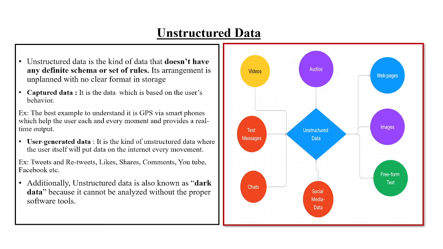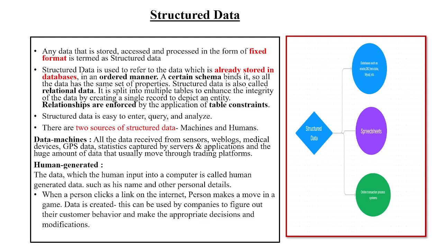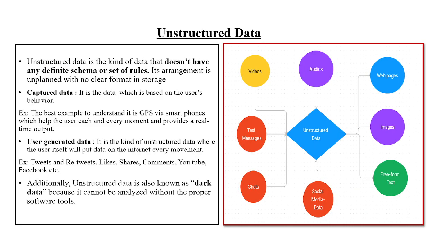All this data is created and represented in the form of structured data. Now let us move to unstructured data. This unstructured data doesn't have any defined schema or set of rules. So it is organized in an unplanned way and no clear format is used to store it. Previously we said the data we store, access, and process is in a fixed format, whereas in unstructured data, the data is stored, accessed, and processed without following any format.